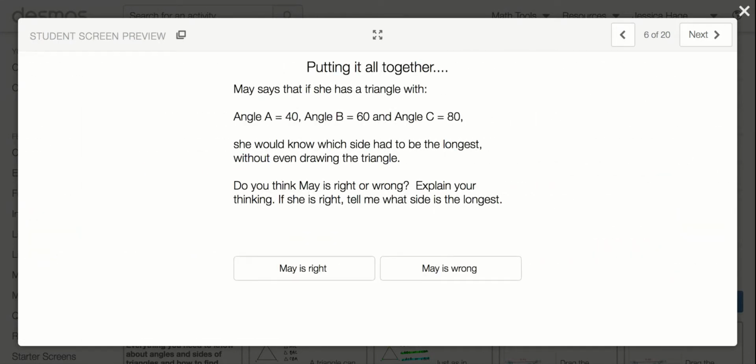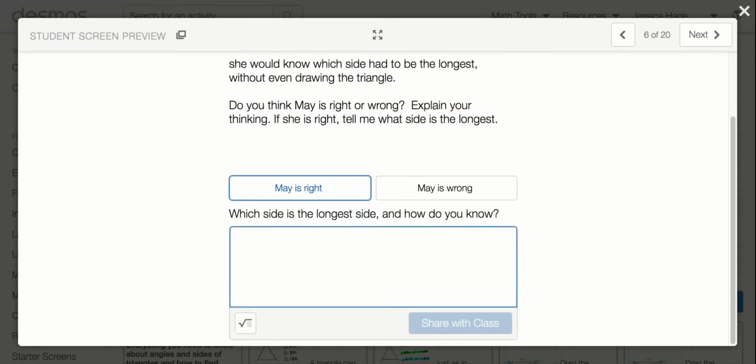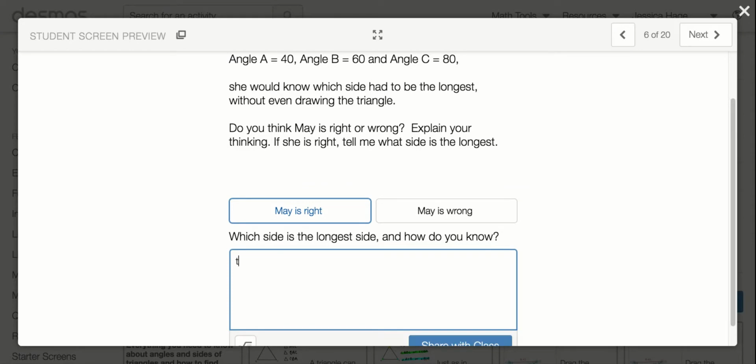So if angle C is 80, that means we can tell which side would be the longest. The longest side would be across from, also known as opposite, the angle C. And if you're naming the side, it would be AB, because that's not including point C.